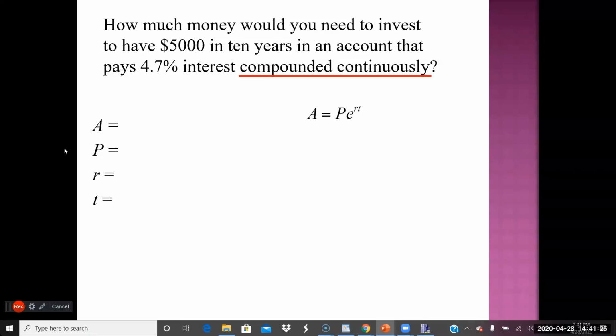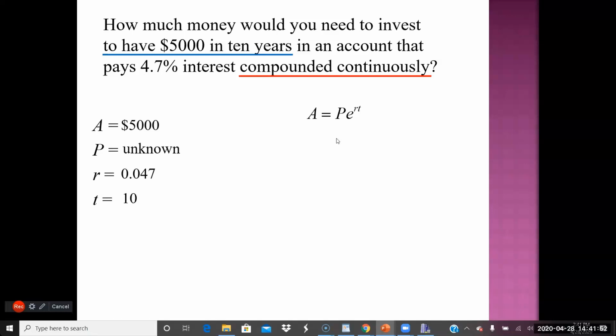So the A is our 5,000. The P is unknown; that's what we're solving for. The R is 0.047, when you move the decimal two places to the left. And then the T is 10 years.